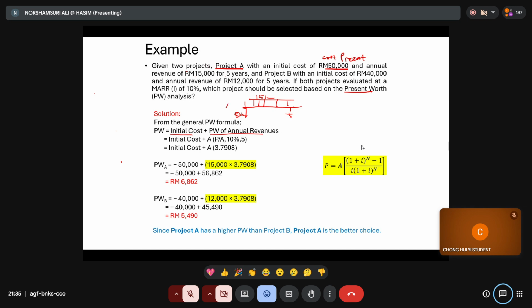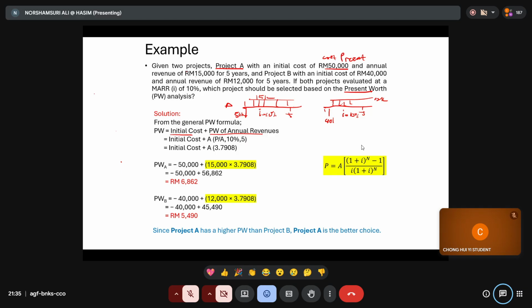So this is project A. Then go to project B, 40K for year one, and the revenue for 5 years is 12K. And don't forget to put I is 10% here.